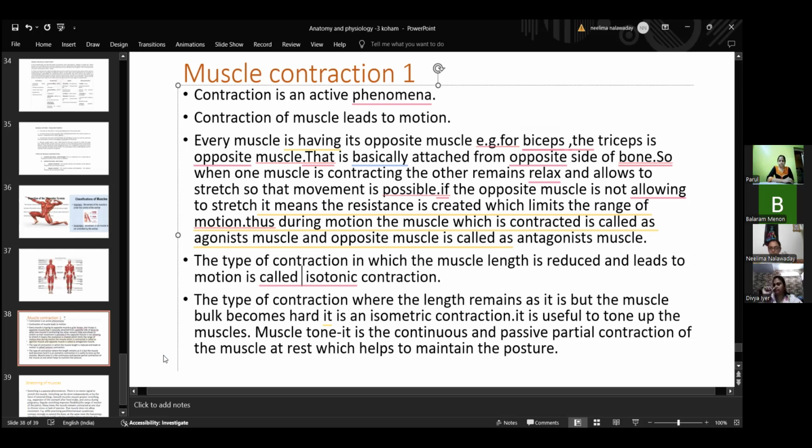So this tone is the continuous and passive partial contraction of the muscle at rest. Because of that, we can sit upright. Back muscles, chest muscles, core muscles are in contraction. That's why we can sit.